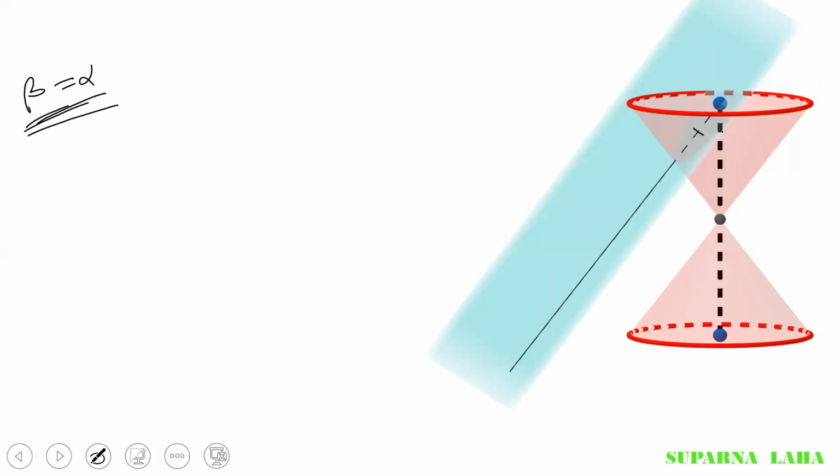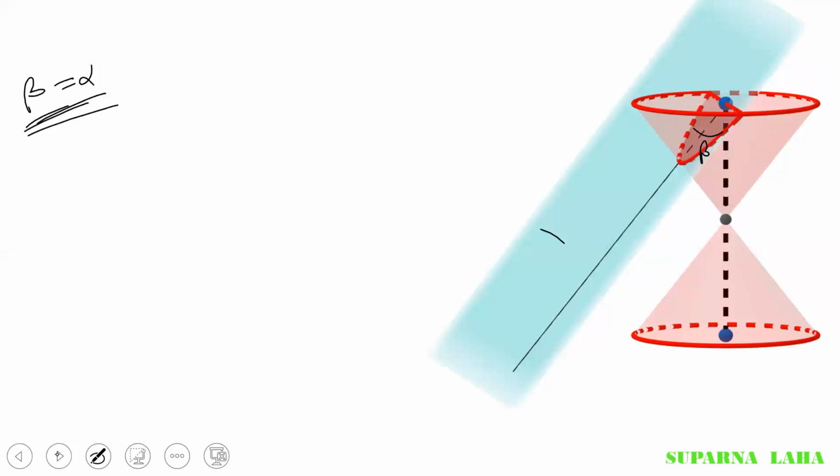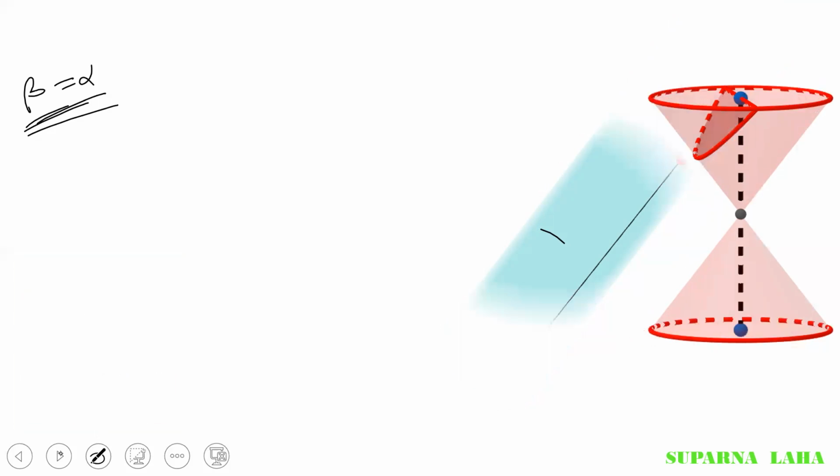This angle I am talking about is beta and this is alpha, which are equal. If we remove the plane and look at the section, it will look like that. So it will form a parabola.